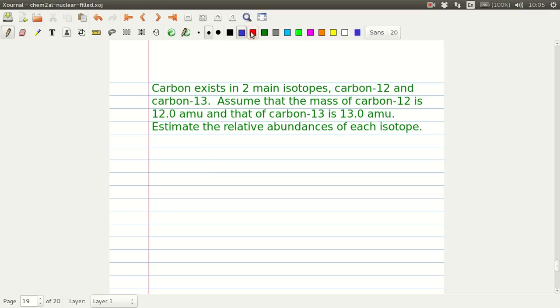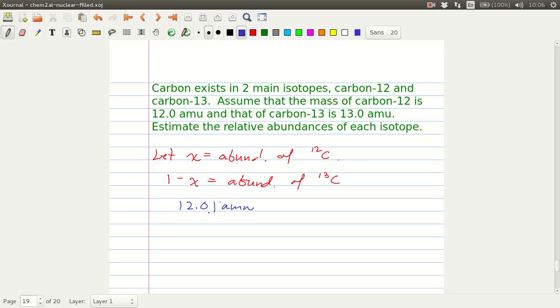In this case, I'm going to let x be the abundance of carbon-12. Therefore, 1 minus x is the abundance of carbon-13. What is the average atomic mass of carbon? It's 12.01 AMU.